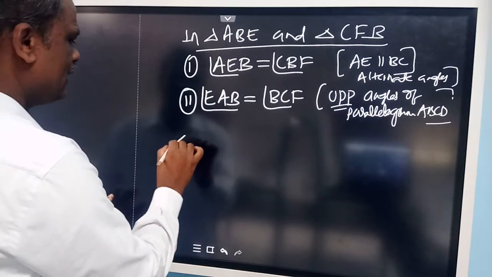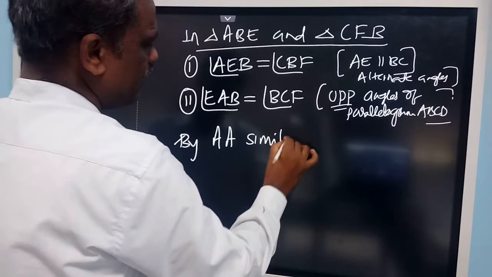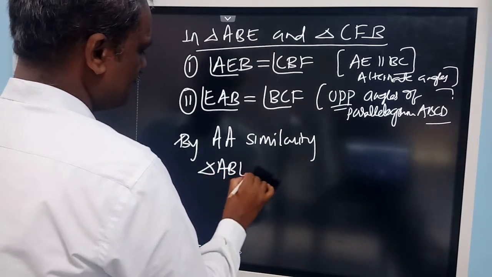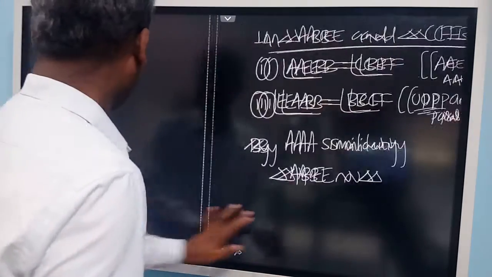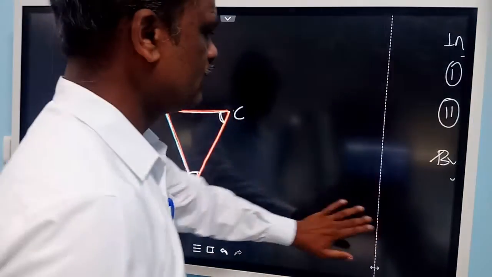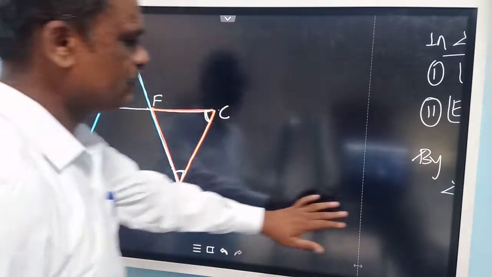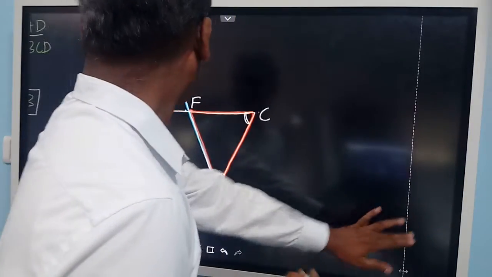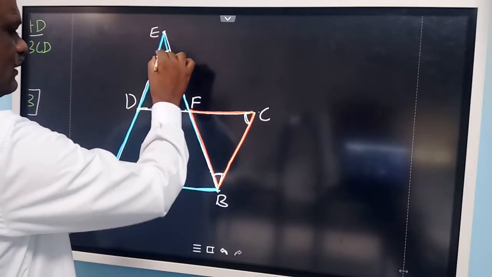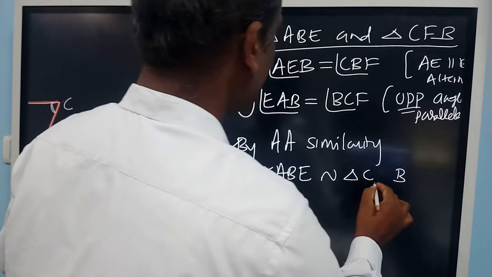So therefore I can write by AA similarity. Already we have two angles, we have told that by AA similarity triangle ABE is similar to triangle... In triangle ABE, in place of A I have to write C, in place of B it is E... in place of E have to write B. What is left out here?